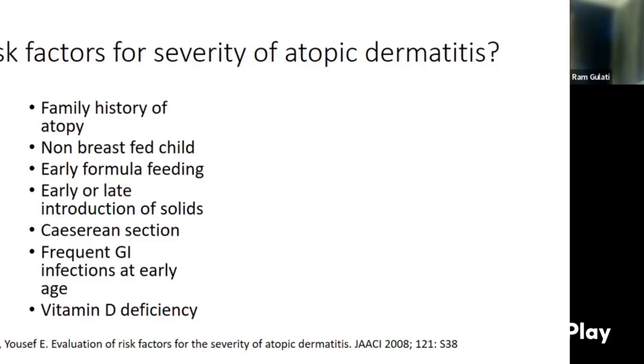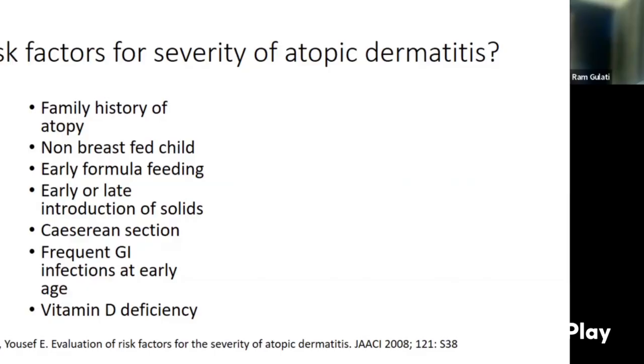So non-breastfed child, very early formula feeding, early or late introduction of solids. If a child has been born by cesarean section, so I think Dr. Ramamurthy was saying about the microbiome. There is a difference in the way the child gains microbiome on the skin when they are delivered through cesarean section or a vaginal delivery. And that may make a difference in susceptibility to atopic dermatitis.